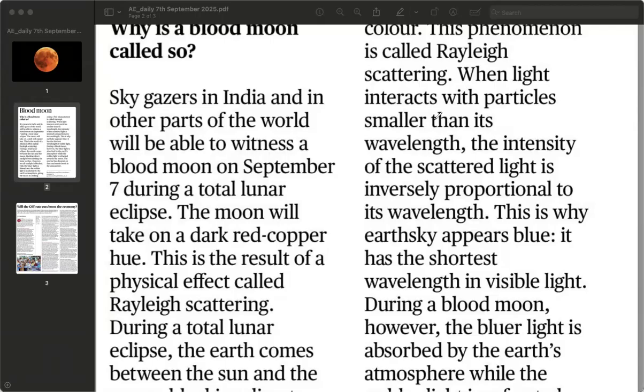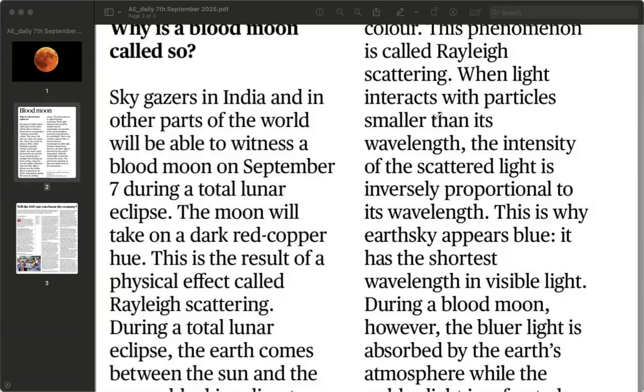So sunlight is made up of many colors, and each color has a different wavelength, right? Colors like blue have a short wavelength, while red has a longer wavelength. So when sunlight passes through the Earth's atmosphere, what happens? Blue light gets scattered in all directions.